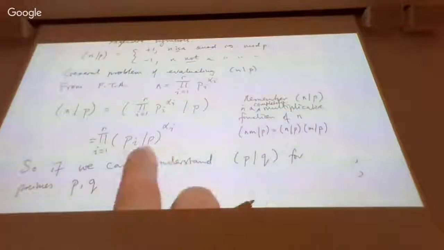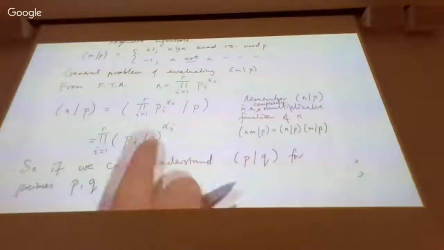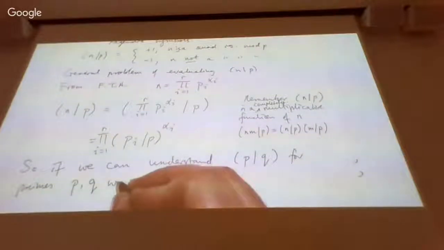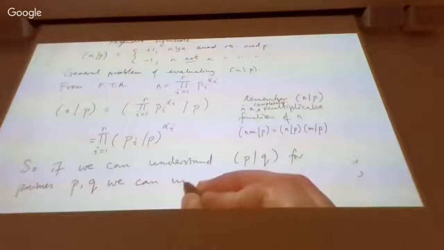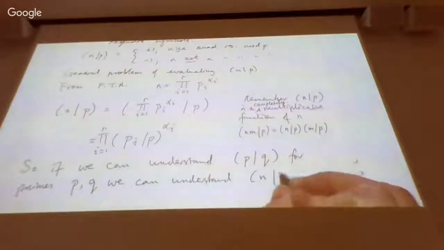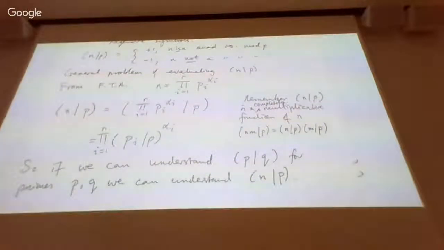Because that's the kind of thing featuring here. If we could figure out all these values, we could multiply them all together and figure out the value for n. So if we can understand (p/q) for primes p and q, then via the fundamental theorem of arithmetic we can understand how to evaluate general Legendre symbols.